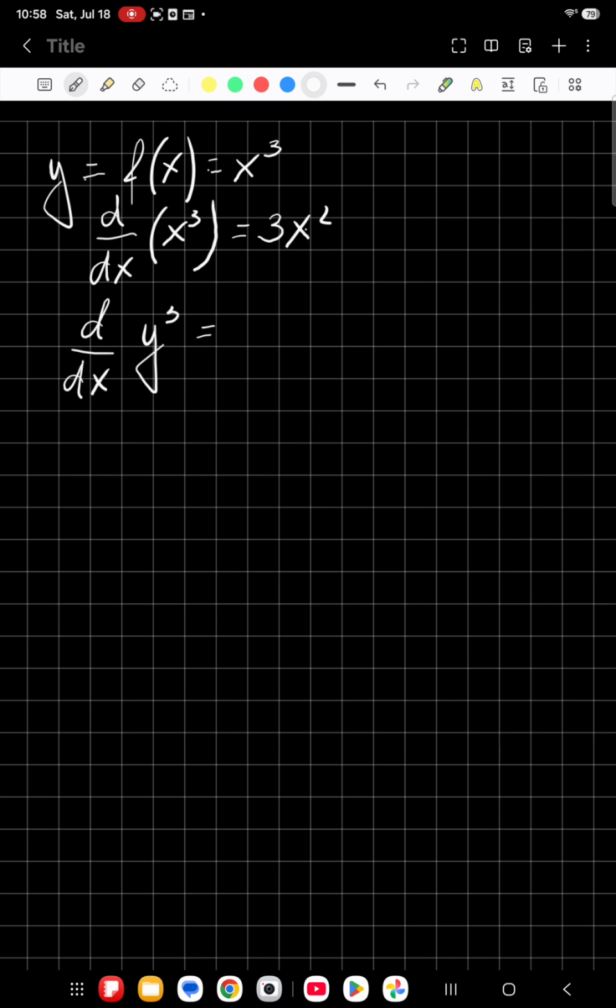In a sense, this is a chain rule: this is the outside, and that y is the inside. So now I need to take the derivative of the outside, keeping the inside unchanged, just following the rules of the chain rule.